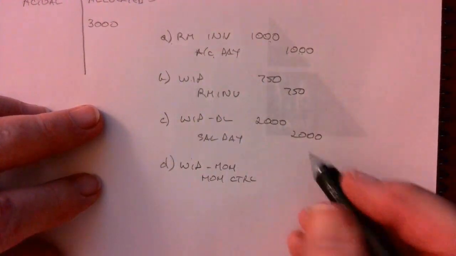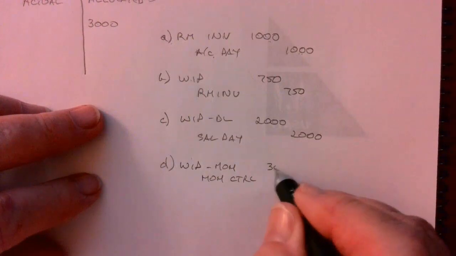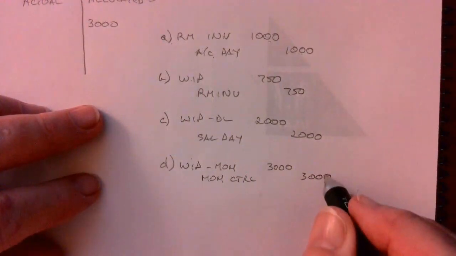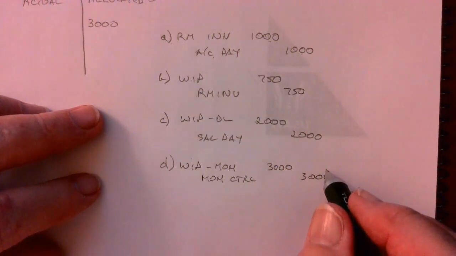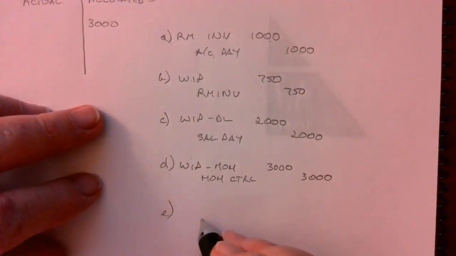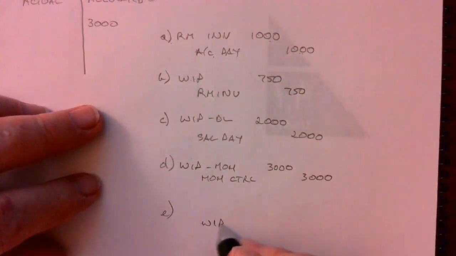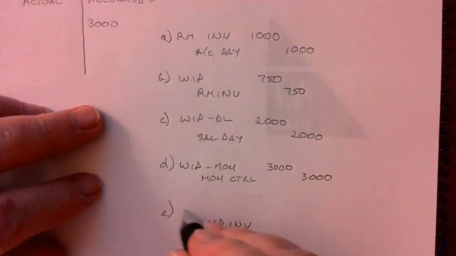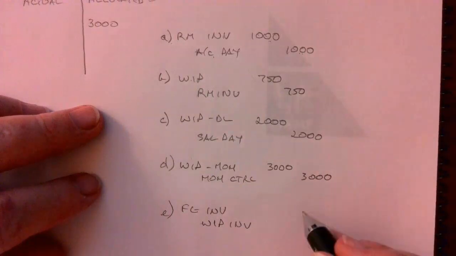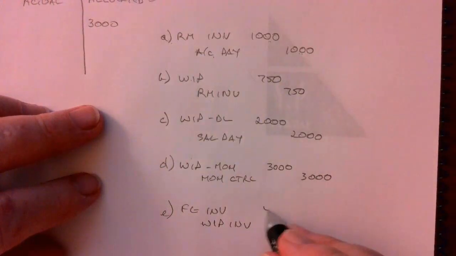Okay, for $3,000. Okay, and we're almost there. The next one is the $4,500 of goods that were completed. What we'll do here is decrease work in process inventory and increase finished goods inventory for $4,500.